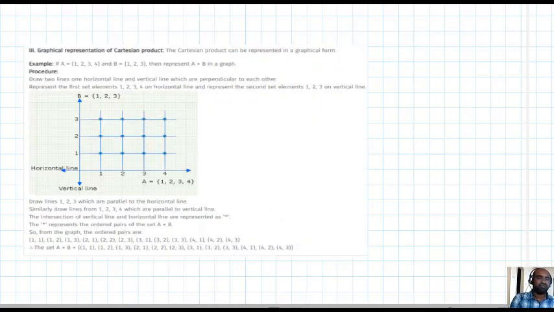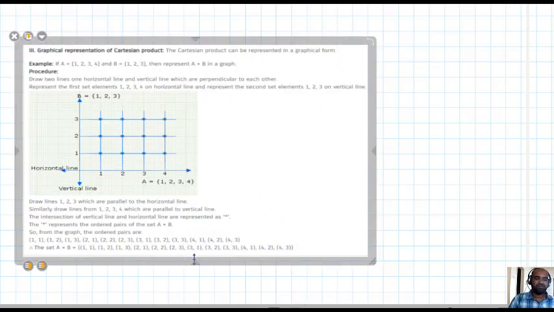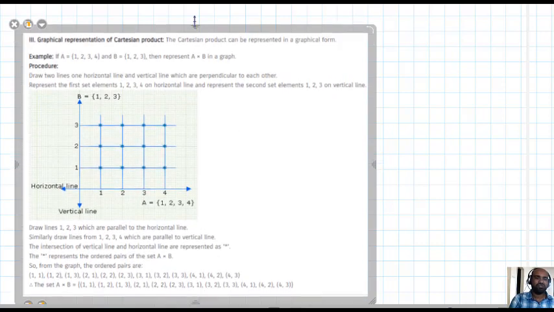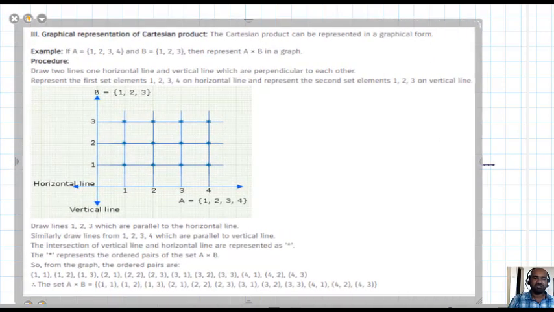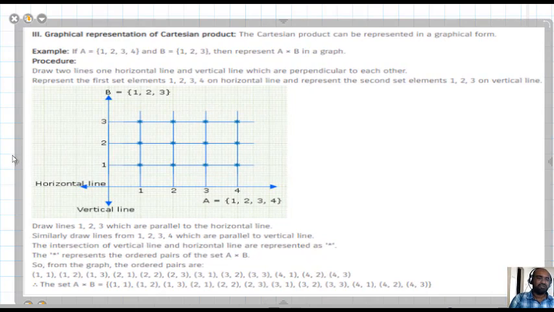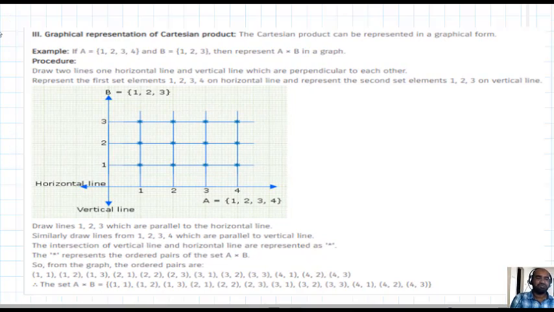So here is what I explained, and here one more example is given. Observe, students, now I want to enlarge this. Graphical representation of Cartesian product: A is given as {1, 2, 3, 4} and B as 3 elements, so 4 times 3, 12 elements we will get in A cross B. See here, this is the x-axis, this is the y-axis.